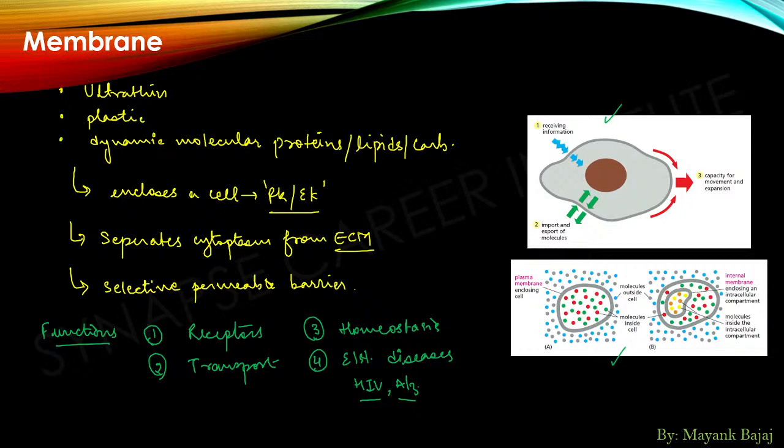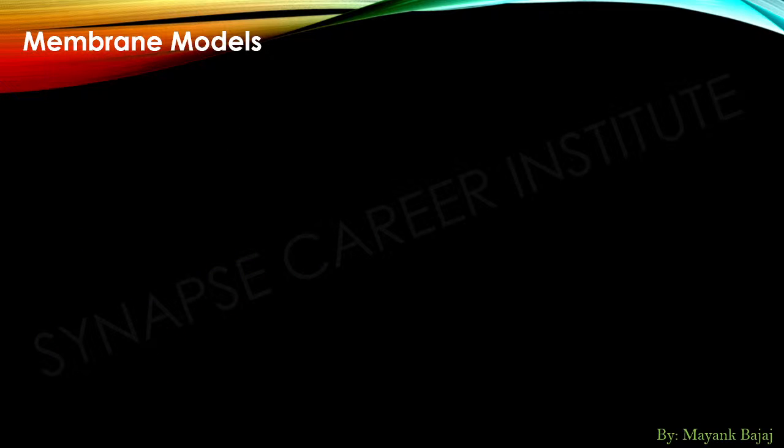Disease examples: we have Alzheimer disease, we have SARS coronavirus, a recent example. Now there are different models, right? We know that the most recent model which is accepted is the fluid mosaic model.